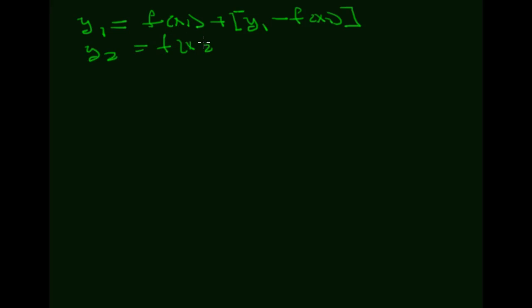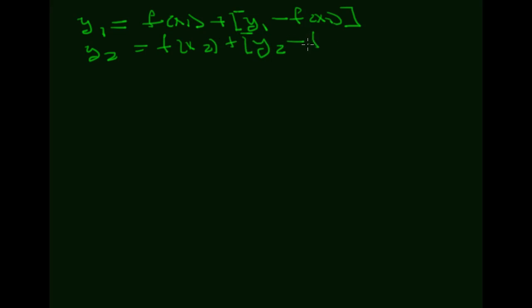Conceptually, each of the y1s should be equal to where the function lands, plus y1 minus where the function lands. So y2 should be the same: this is just adding something in and then subtracting it back out.